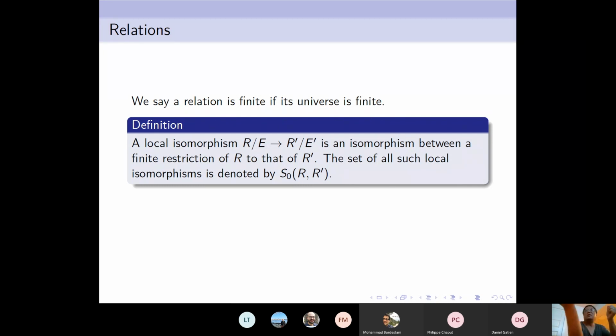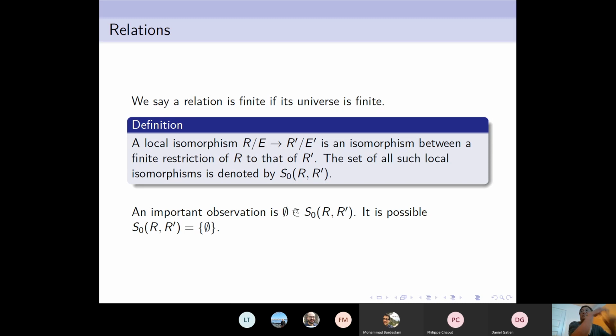This set is denoted by, I think this is standard notation in model theory, I(R, R prime). It's called the set of local isomorphisms, and a very important fact is that the empty set belongs to this set of local isomorphisms.